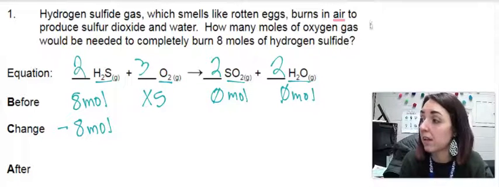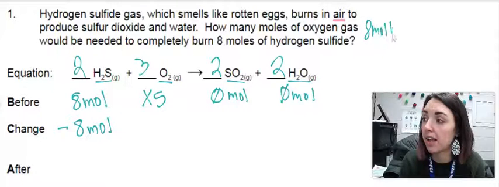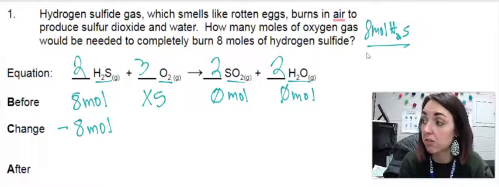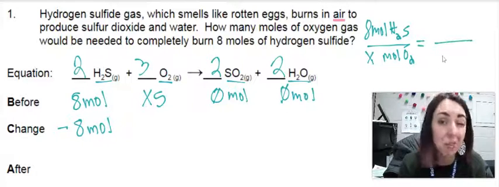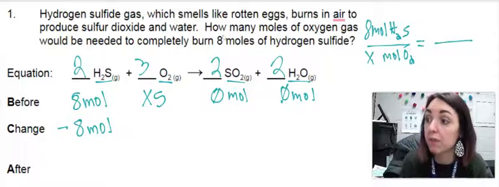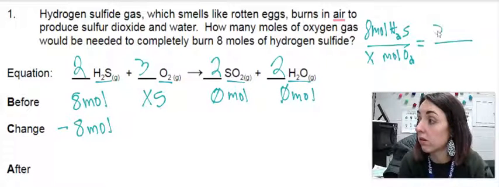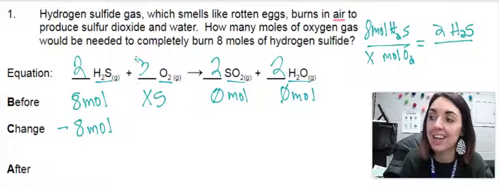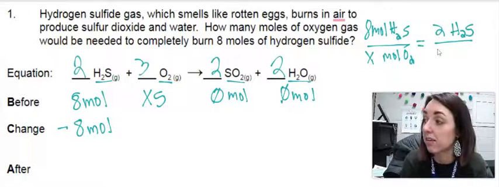So I have 8 moles of H2S. And I want to figure out how many moles of oxygen I use. So I'm going to put that over X moles of O2. I set that equal on the other side to my ratio. So I know from my balanced equation, there are 2 moles of H2S, so there's 2 H2S for every 3 oxygens.